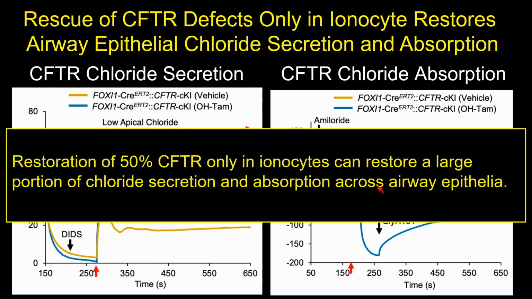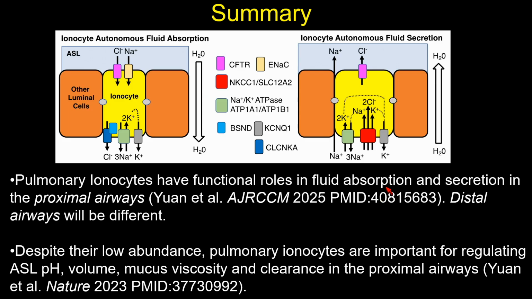So restoration of about 50% of CFTR in ionocytes can restore a very large portion of the chloride secretory and absorptive currents. So what's going on here? Well, we propose that ionocytes can, in a cell-autonomous way, both absorb and secrete chloride and drive fluid absorption or secretion.